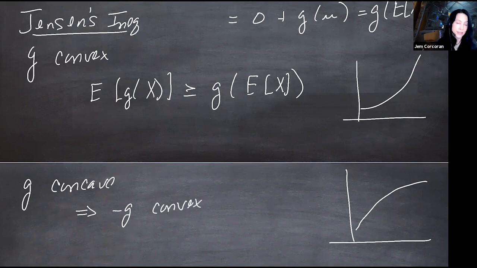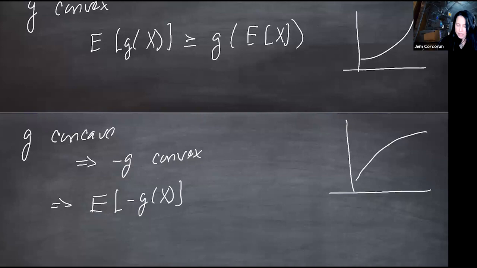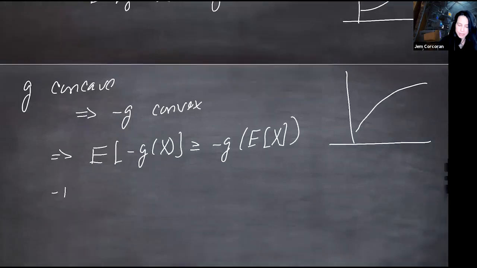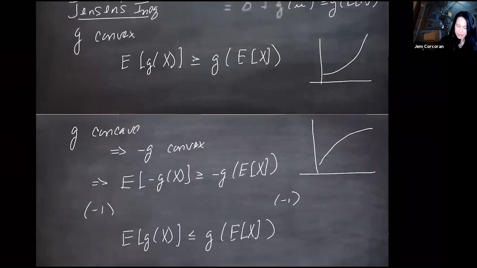And you can use Jensen's inequality on the negative of g. So we have the expected value of negative g of X greater than or equal to negative g of the expected value of X. And if you multiply both sides by negative 1, the inequality flips. And you get the expected value of g of X less than or equal to g of the expected value of X. It's never stated that way, but certainly equivalent.